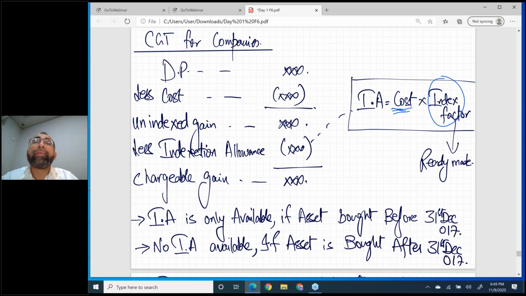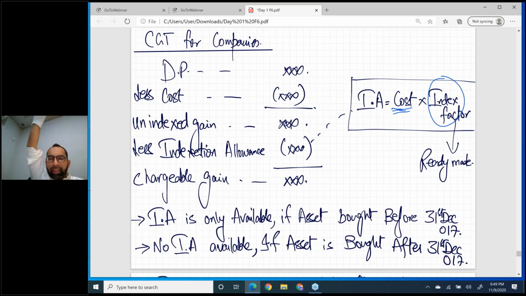In past years you needed to calculate it, but now no more. Indexation allowance equals cost multiplied by index factor. You deduct it and you get the chargeable gain.